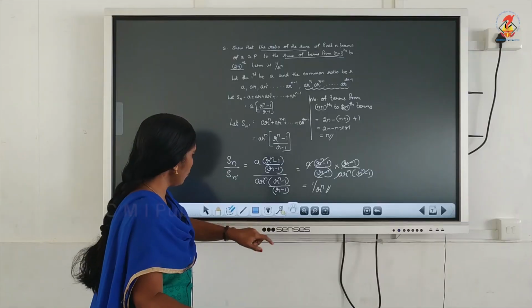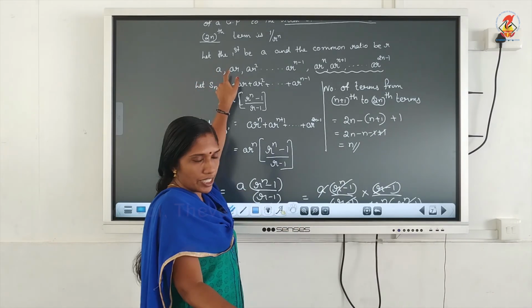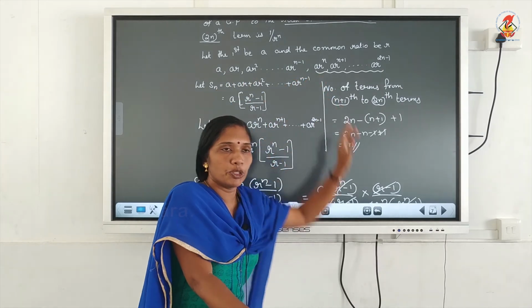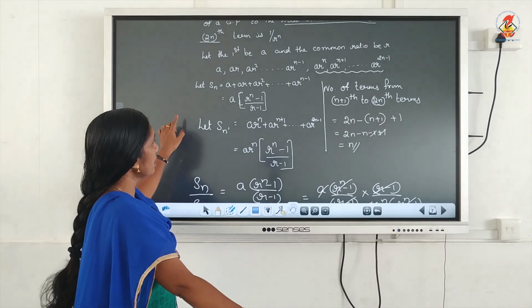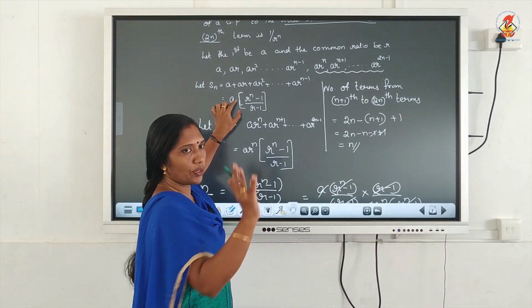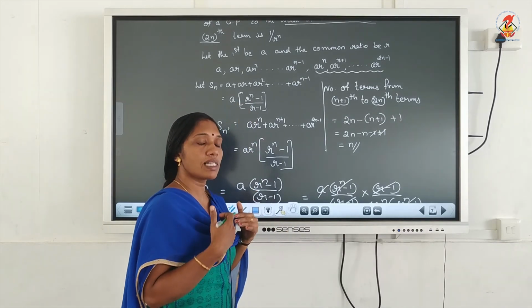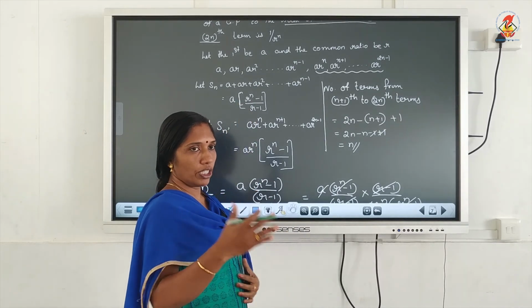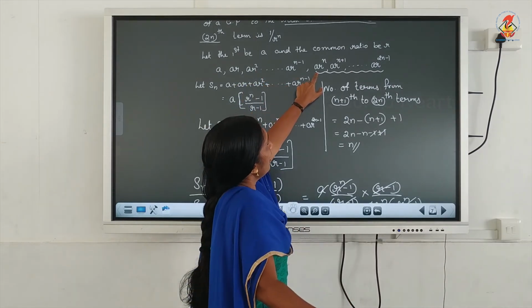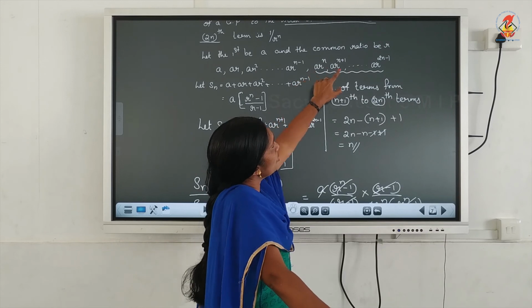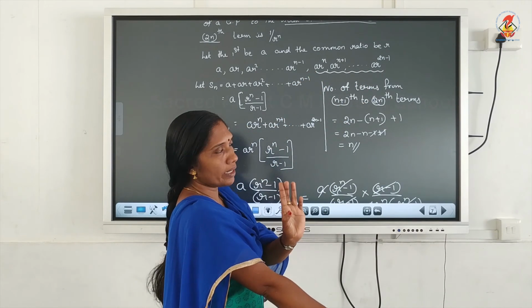So understood all of you? First we take the GP a, ar square up to ar raised to n minus 1. The first n terms' sum Sn is equal to the direct formula a into r raised to n minus 1 by r minus 1. Now we have to find the sum of the terms from ar raised to n to ar raised to 2n minus 1, that is the n plus 1th term to the 2nth term.